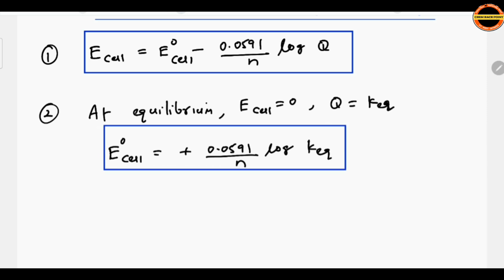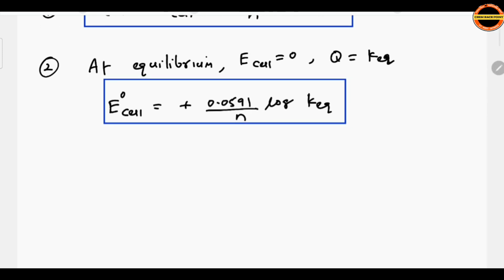Okay, next. So after knowing the equilibrium condition, another condition, see here. If the cell is a concentration cell, what is a concentration cell? A concentration cell is made up of the same material, the oxidation part as well as the reduction part made up of the same material.